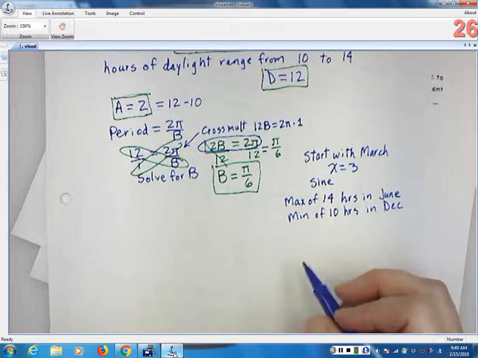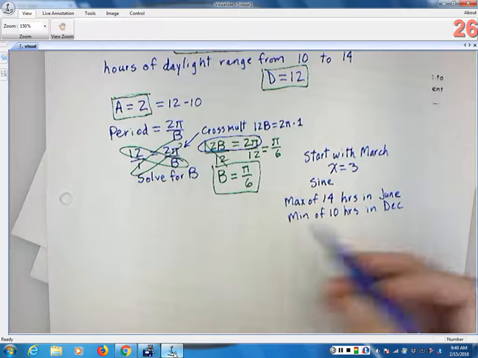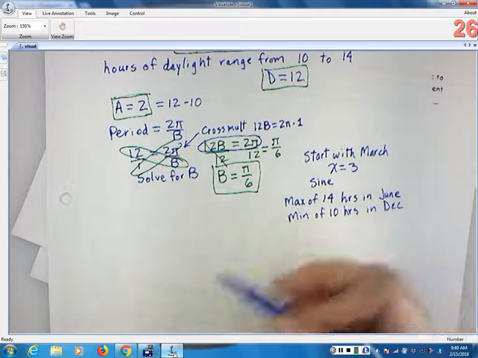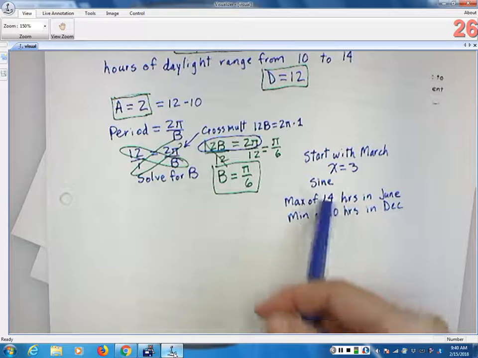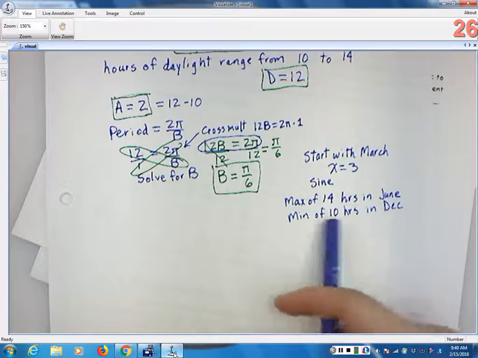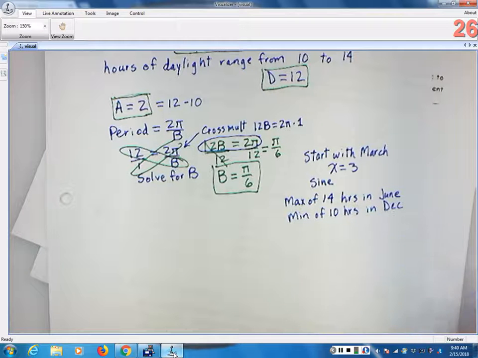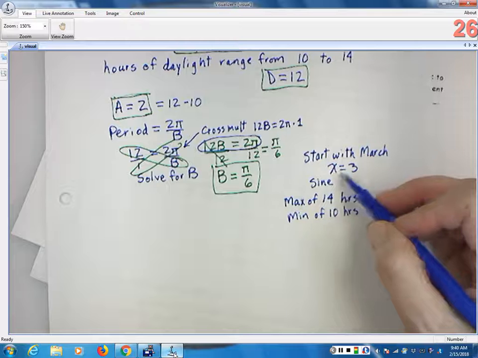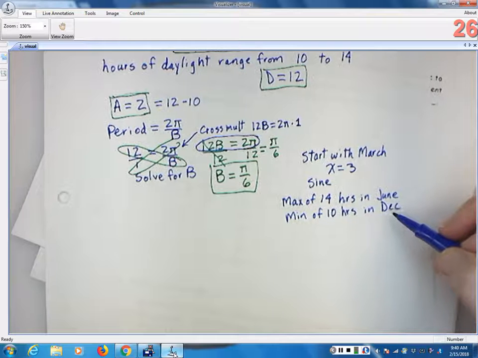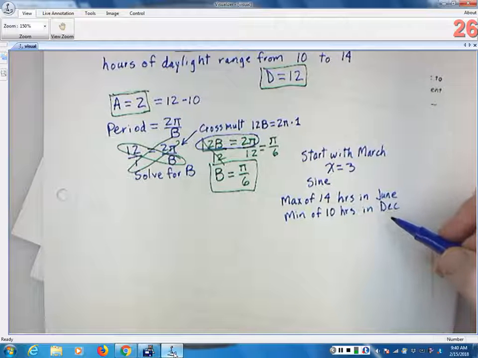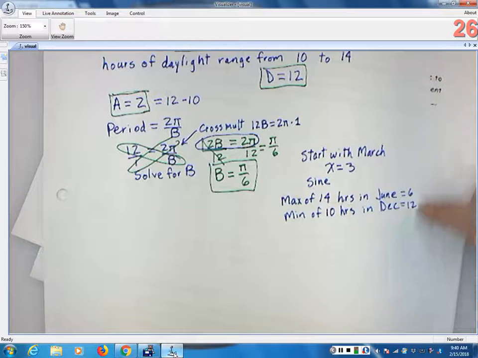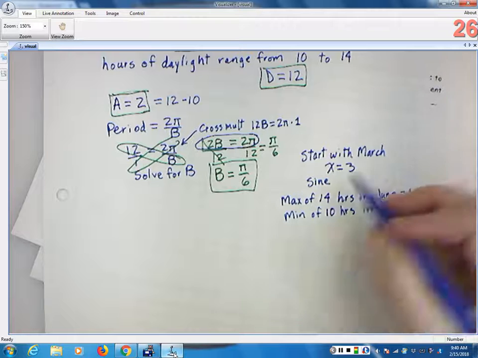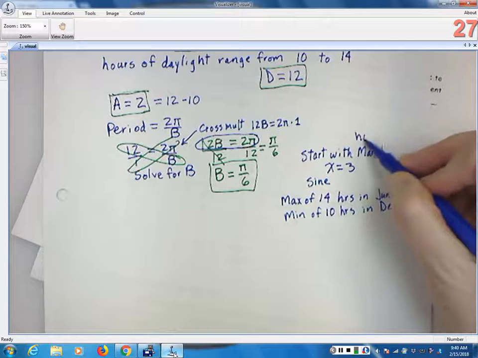So we got to go halfway. We got to start halfway between December and June. So x equals 3 is halfway between June, the 6th month, and December, the 12th, but we're starting with 12 and going to June. Halfway, March is halfway.